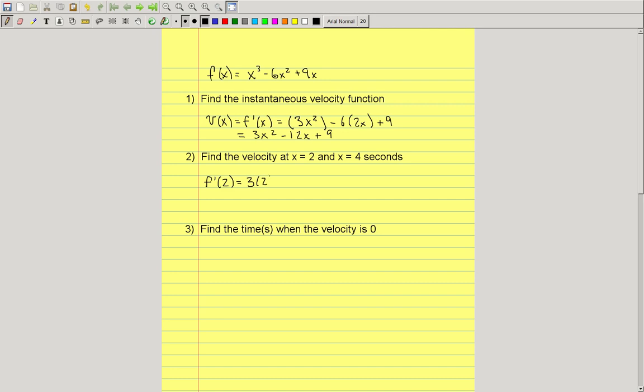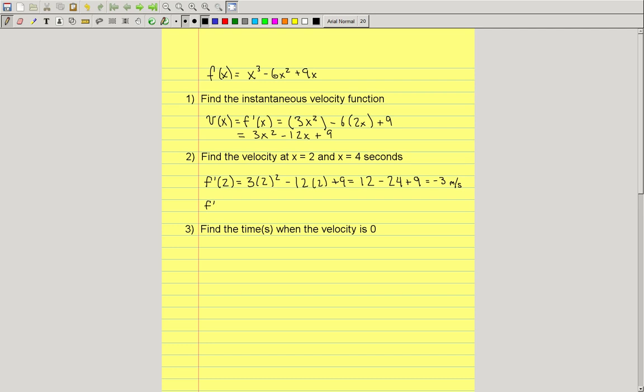So we get 3 times 2 quantity squared minus 12 times 2 plus 9. 2 squared is 4 times 3 is 12. Negative 12 times 2 is negative 24 plus 9 is going to be negative 3 meters per second.